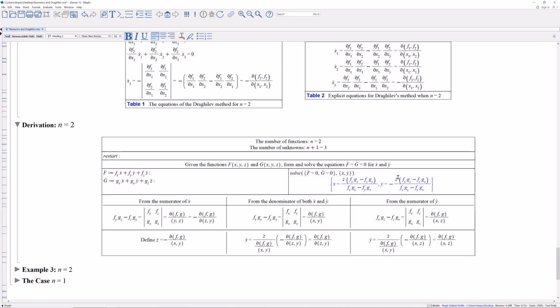From here, you can see if you define z dot to be the negative of this stuff. And what is that stuff? Well, that stuff's here. It's this Jacobian. And if you define z dot to be the negative of this Jacobian.